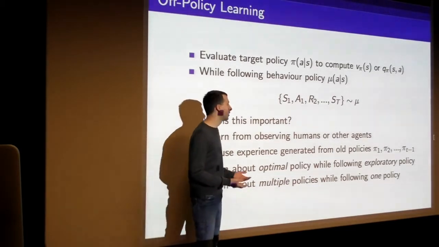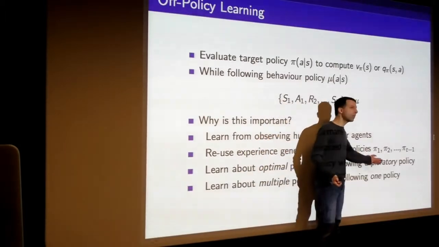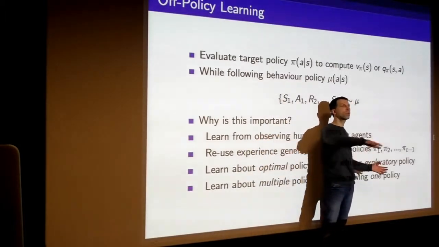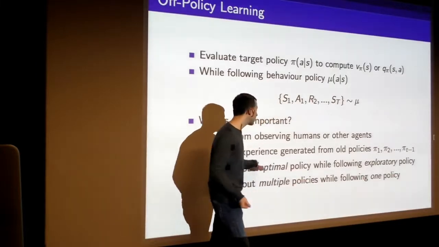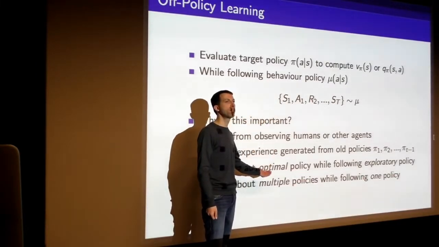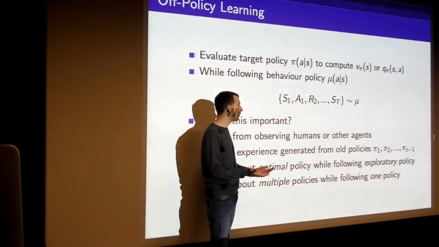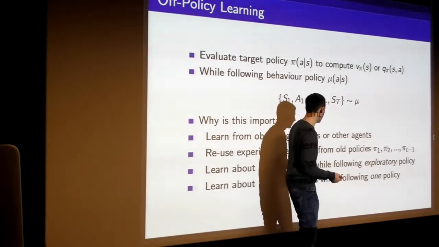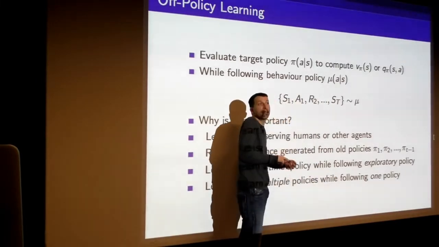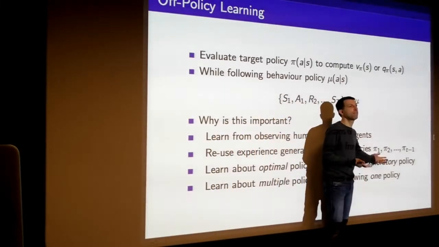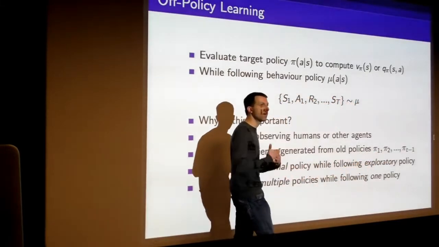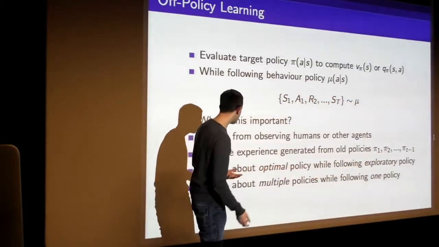Now we can have an arbitrary exploratory policy that just explores around with as much exploration as we want, and at the same time learn about the optimal policy. That requires us to be off-policy. We want to learn about how to behave optimally, something which is ultimately going to be deterministic, whilst following something completely random. Okay? That's another motivation for off-policy learning.